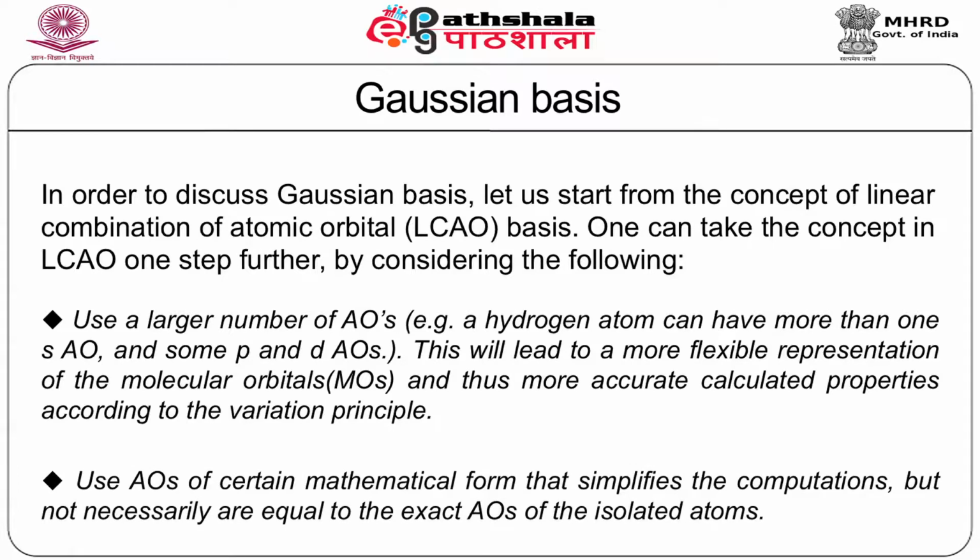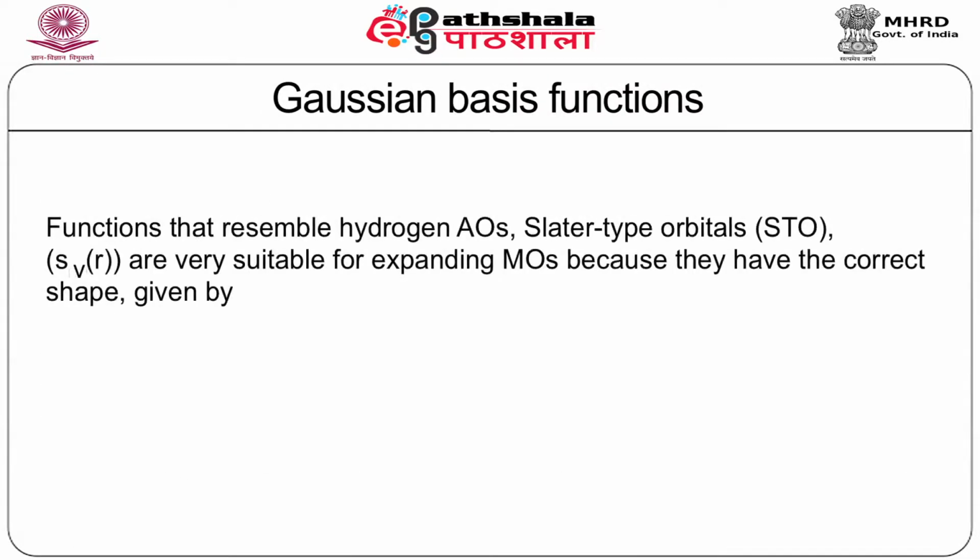Secondly, use of atomic orbitals of certain mathematical form that simplifies the computations but are not necessarily equal to the exact atomic orbitals of the isolated atoms. Functions that resemble hydrogen atomic orbitals are the Slater type orbitals, which we show here as S nu function of r.